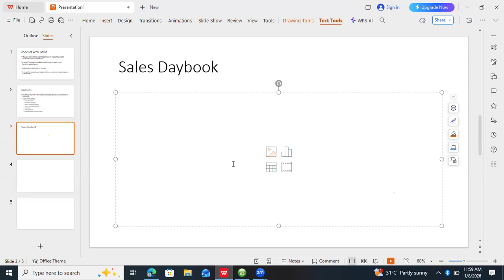So it is used to record credit sale of goods on daily basis. Credit sale of goods. So you see, in exams, if you are writing for example, you say, oh, it is used to record credit sales. You lose a point there. Credit sales of what?